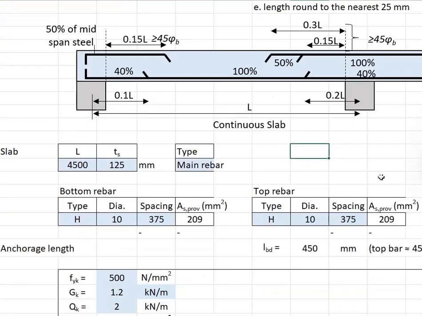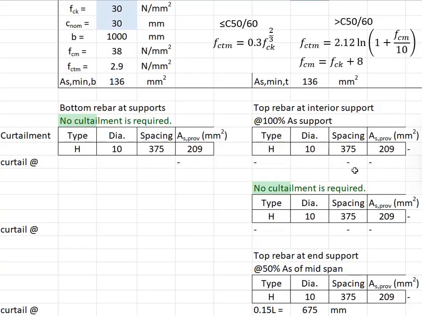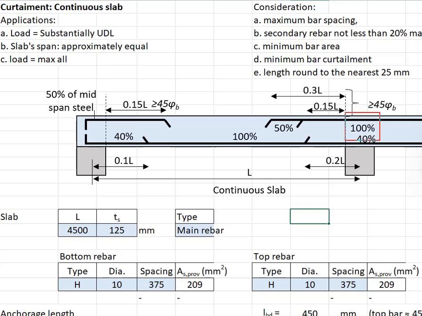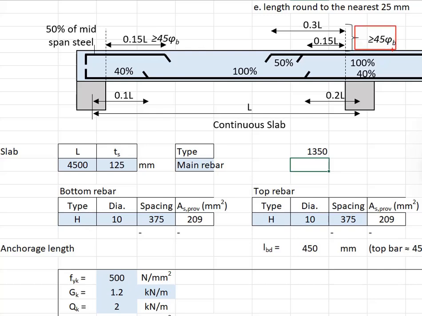At the end of the day, there will be no curtailment. That means you will keep the same amount of reinforcement bar extended up to here. The final location will be equal to 0.3 times the effective length, which in this case is 1350, compared with 45 times the bar diameter, which is 450. That means you can end the reinforcement bar here at a distance of 1350 from the face of the support.